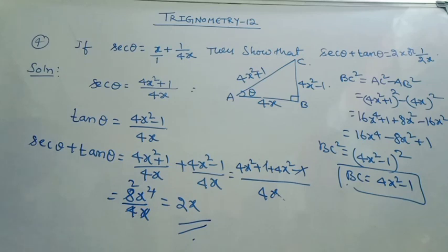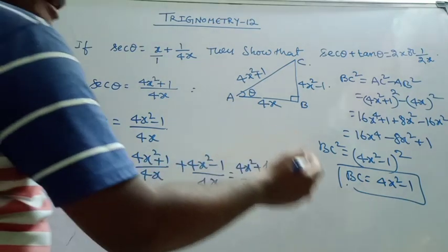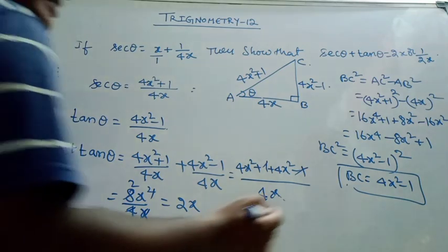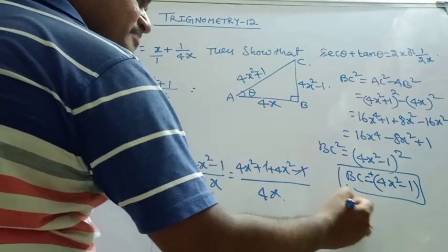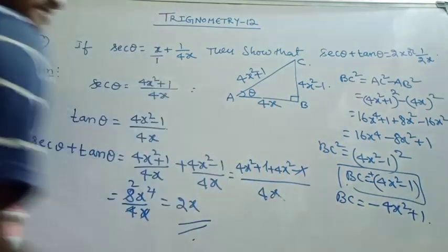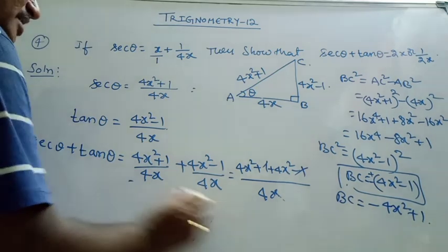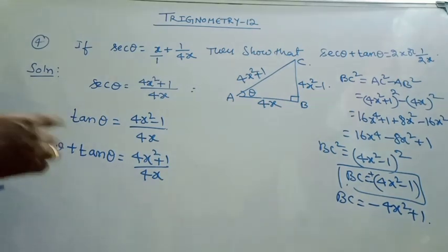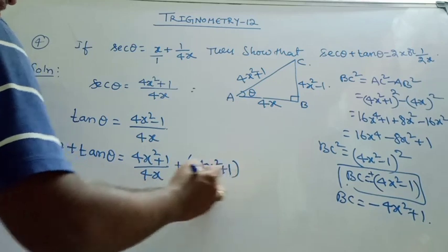Okay, fine. Now they have asked to prove 2x or 1 by 2x, which means when we have taken BC, this is actually BC square equal to 4x square minus 1 whole square. That means BC equal to plus or minus of it. When we took only the positive one, we got 2x. Now if you take BC equal to negative, minus 4x square plus 1, then secant theta plus tan theta is 4x square plus 1 by 4x plus minus 4x square plus 1 by 4x.